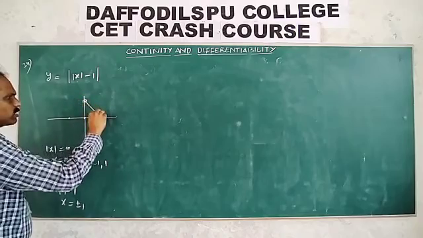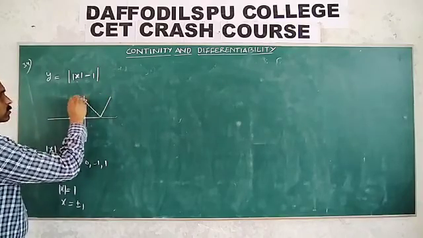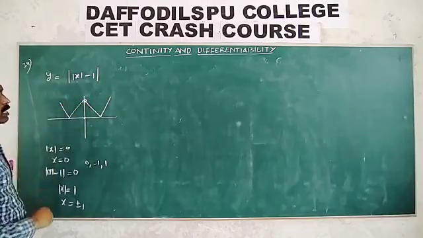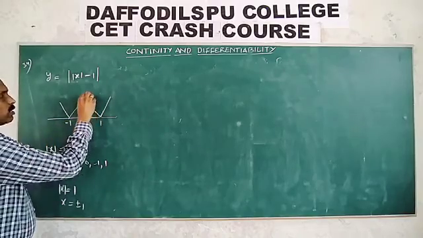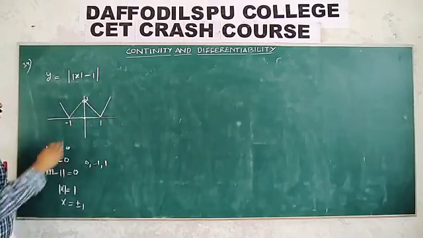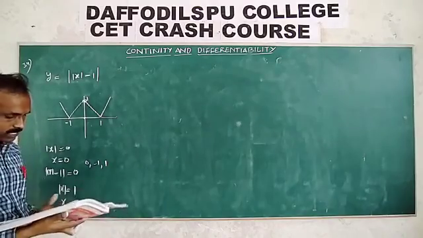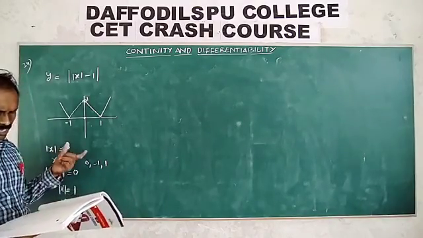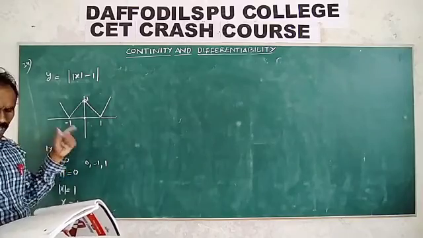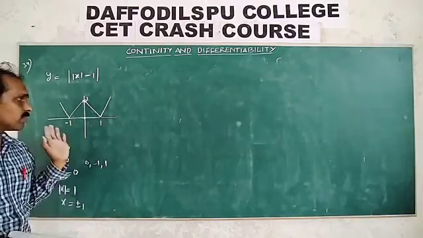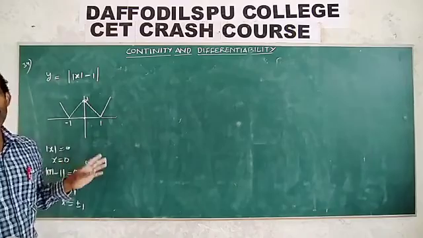So the graph is like this. At minus 1, 0. At 0, 1. So here, 3 sharp points. They ask, the function is differentiable for all real numbers except the options.